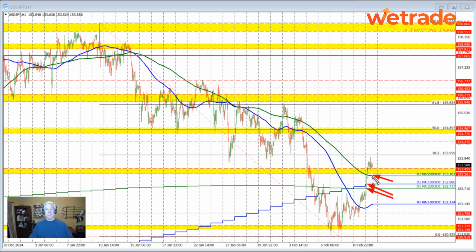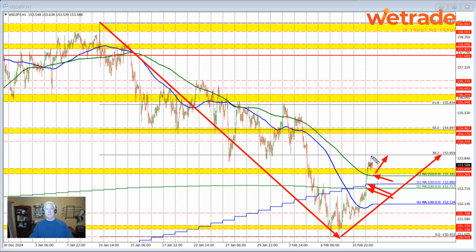We also moved above the 200-hour moving average. That's the green line in this chart. And it will be the close support in trading here today for traders. Stay above that 200-hour moving average, and we should see further upside momentum, with the 38.2% retracement of the move down from the January high to the February low as the next key target at 153.96. That's right around the 154 level.